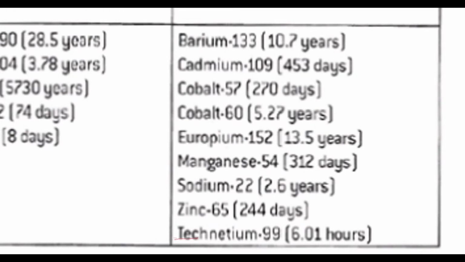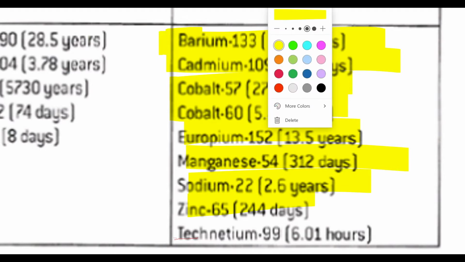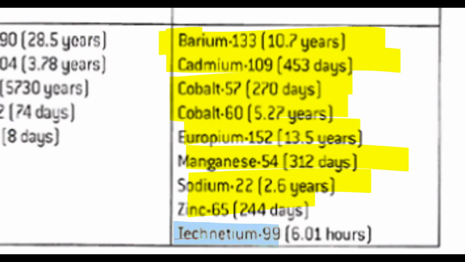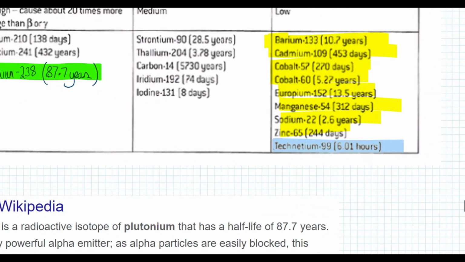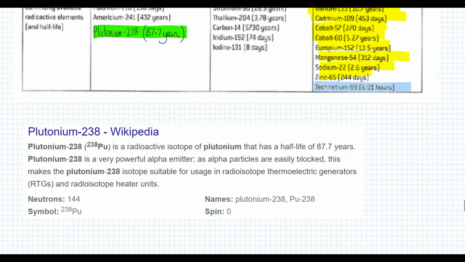When I say short, we don't want something that's going to be in your bloodstream for longer than needed. So all these lot will be in your bloodstream for years. Now we found one that'll be in your bloodstream a lot shorter. Technetium, 6 hours. So that's a very common radioisotope to be used there.